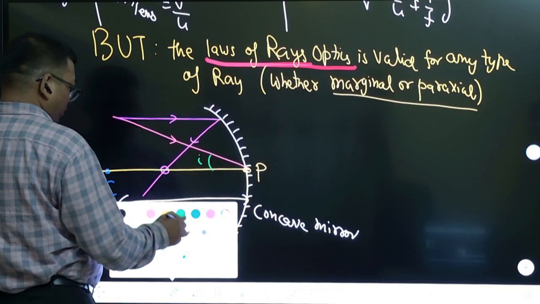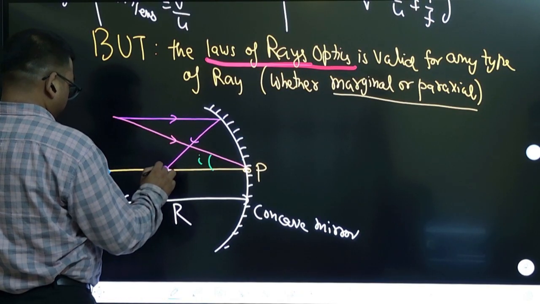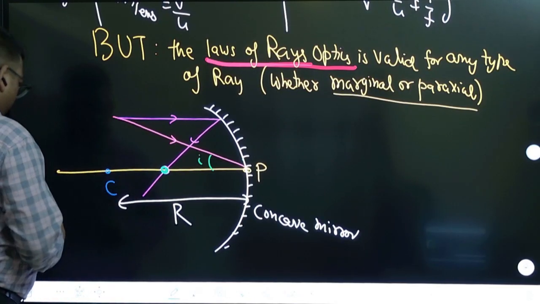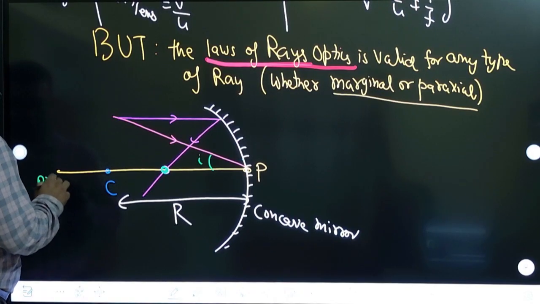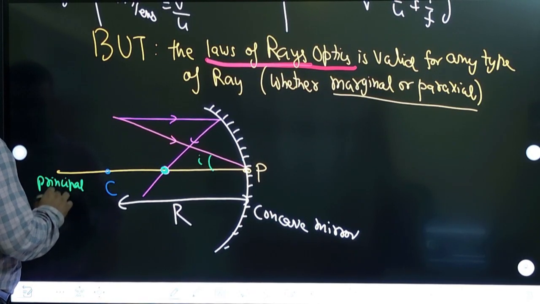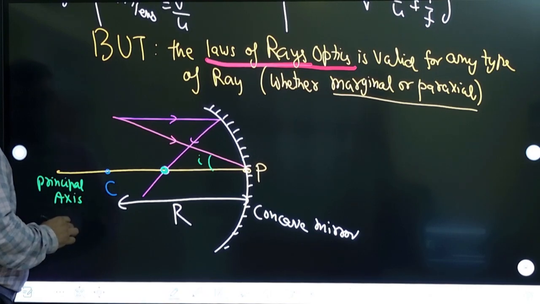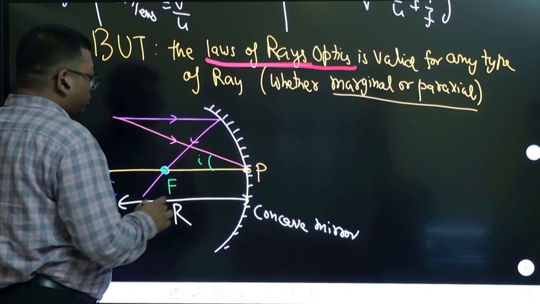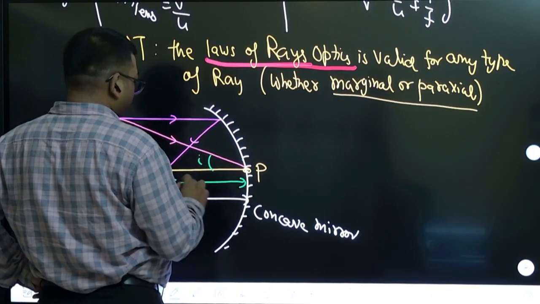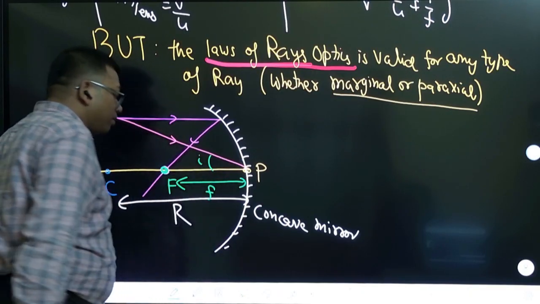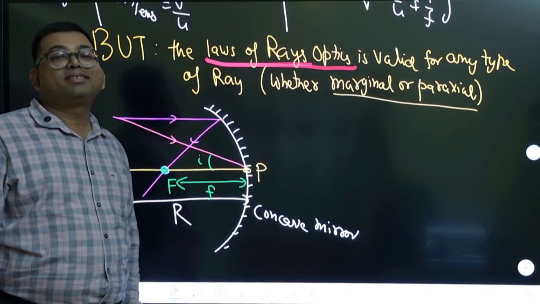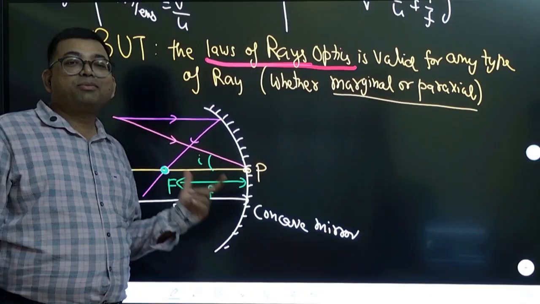What is this point where the parallel rays will pass? This is the principal axis. Yes, this is the focus. Let us write it as F. So this distance should be the focal length F. But now I will prove that this is not the focus. That is what I am going to prove now.